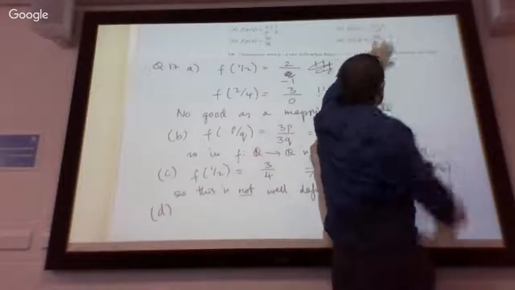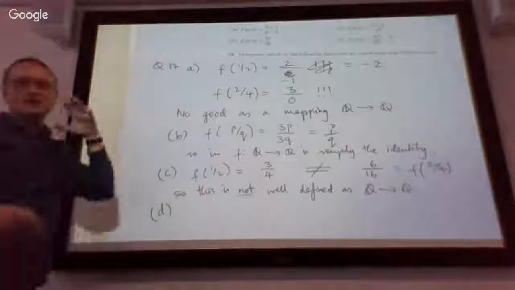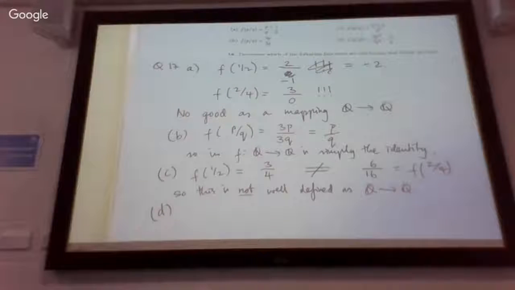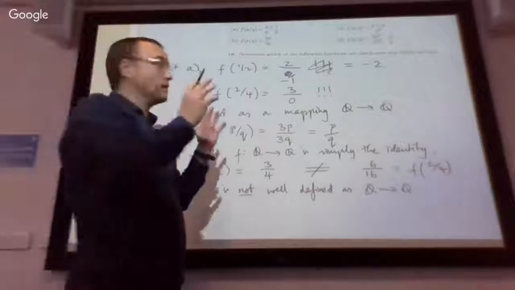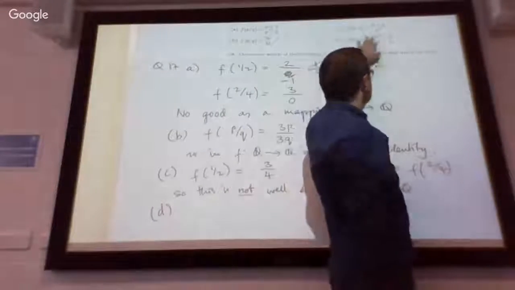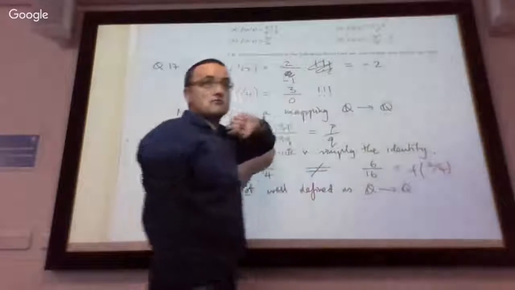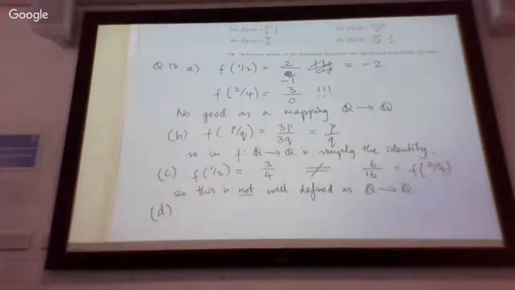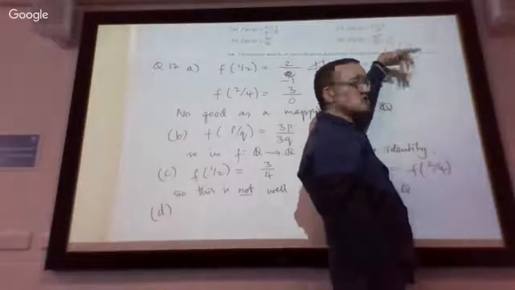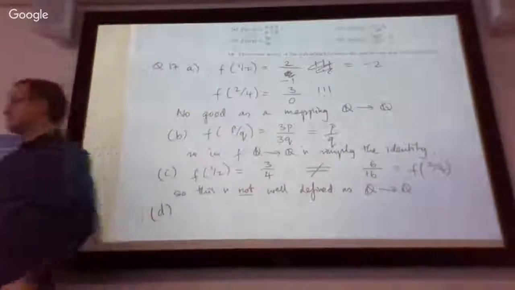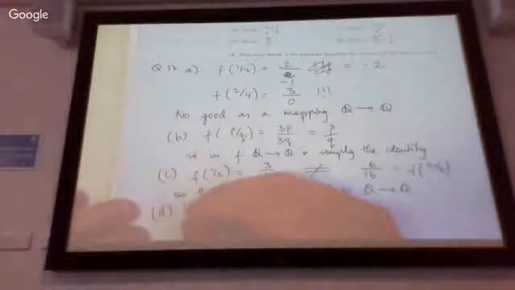Just ignore everything except the square. It's p squared over q squared. Well, that's just taking the number and squaring it. That's how you square a fraction: you square the top, you square the bottom. That's the same as squaring the numerical quantity. And then you're multiplying it by 3/7. That will behave the same no matter how you represent the fraction. And then you're subtracting p over q, the original number. So D looks okay.